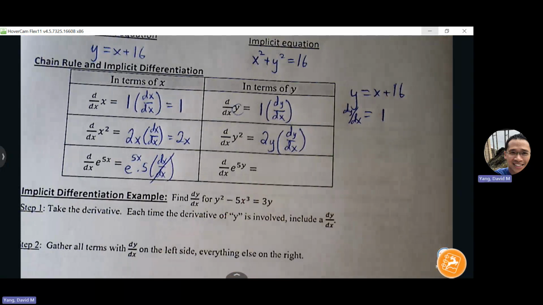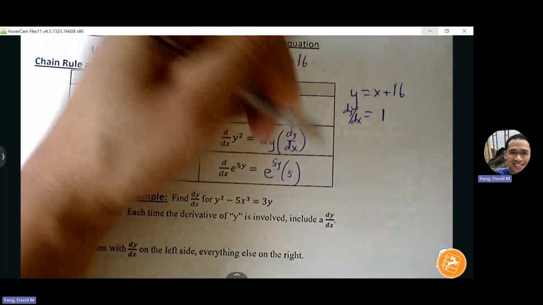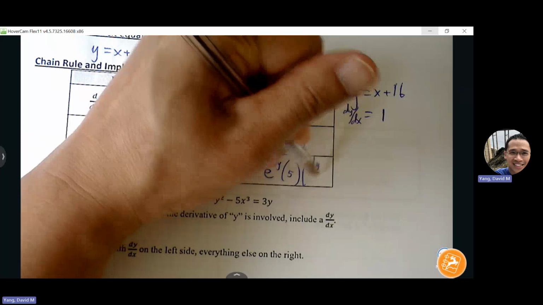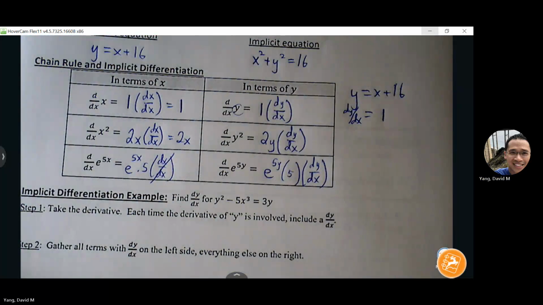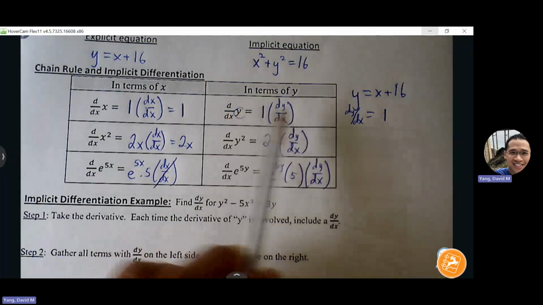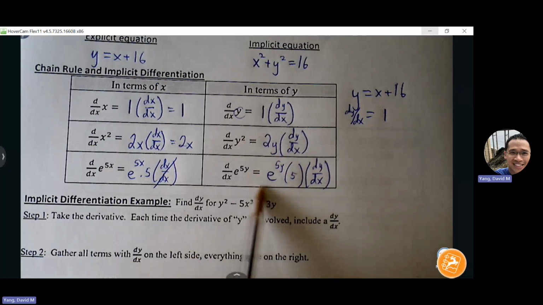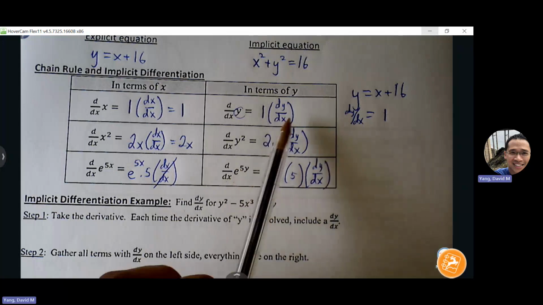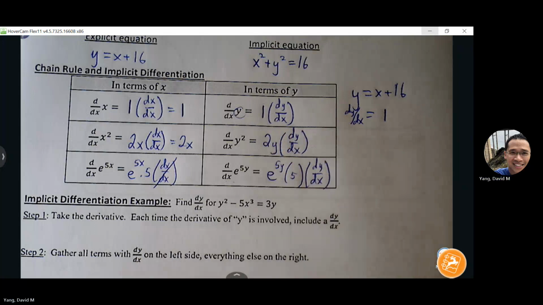Same thing here. e to the 5y becomes e to the 5y times 5. And if we ask for y's derivative, we're going to get dy dx. So anytime you're asking for y's derivative, and it is not by itself, you always have to find the derivative, whatever derivative rule you need for that function or expression. But then you need to immediately keep track of your derivative variable with the dy dx.